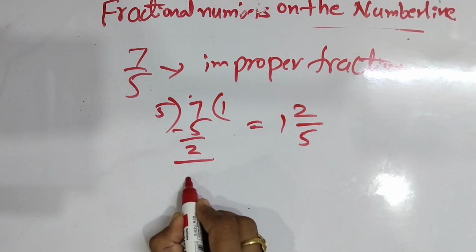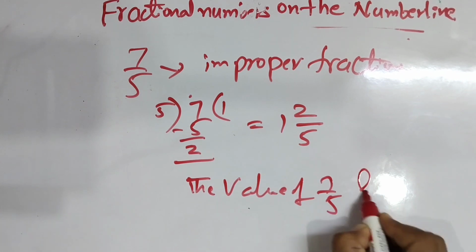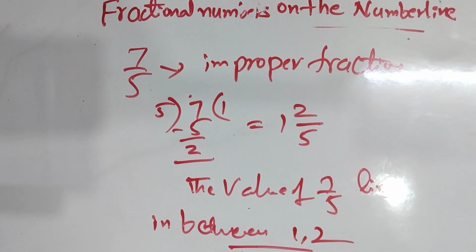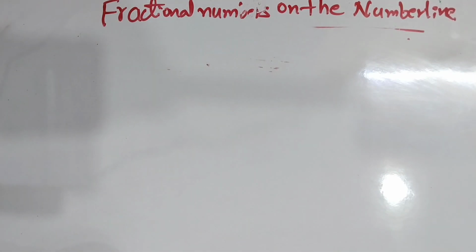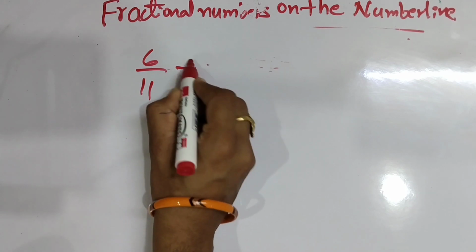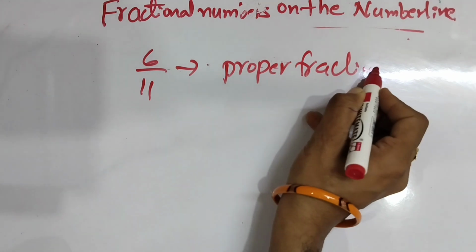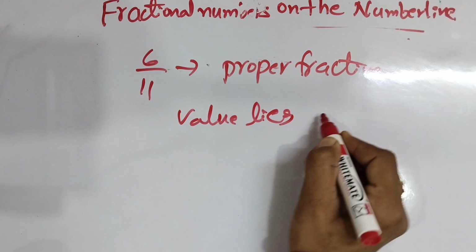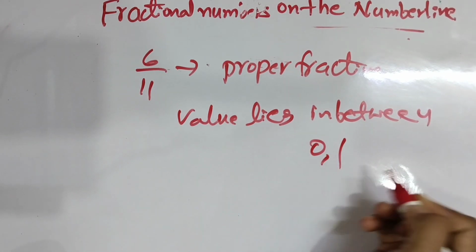So the value of 7 by 5 lies in between 1 and 2. And then 6 by 11 is a proper fraction, so its value lies in between 0 and 1.